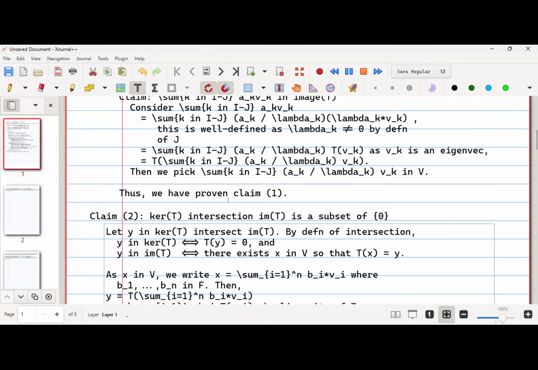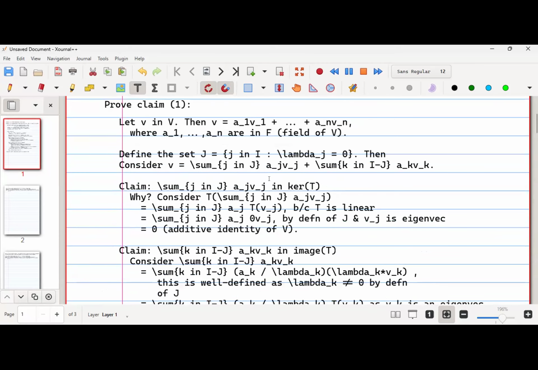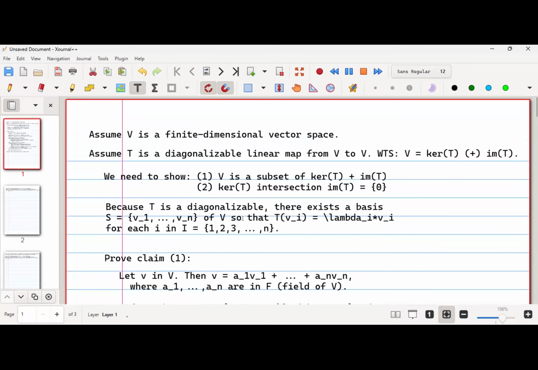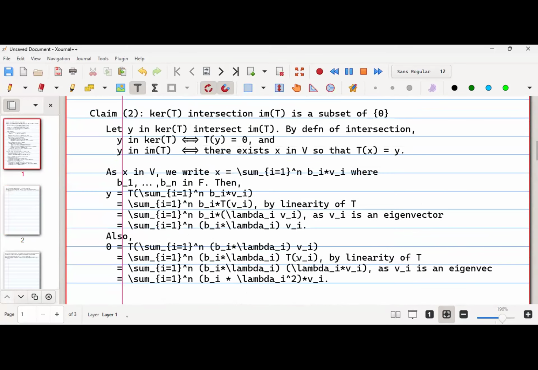No, but we're done. We're past the step of separating it between the kernel and the image. The whole separation thing was just to prove that this, right? There's just like you have B, yes, linear independence. There we go.